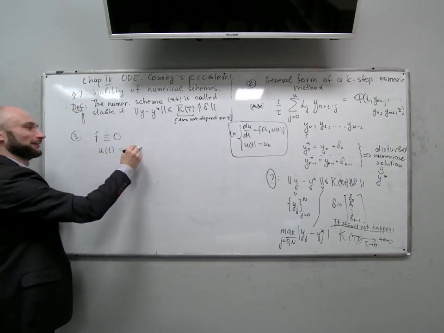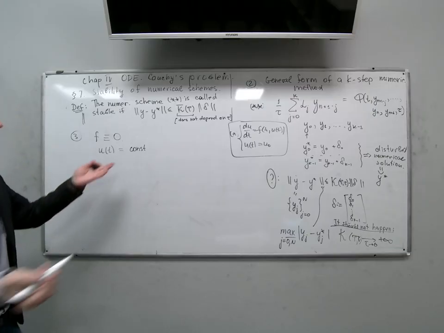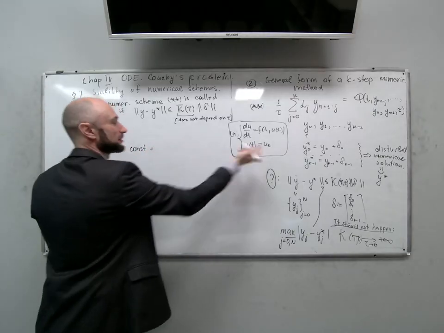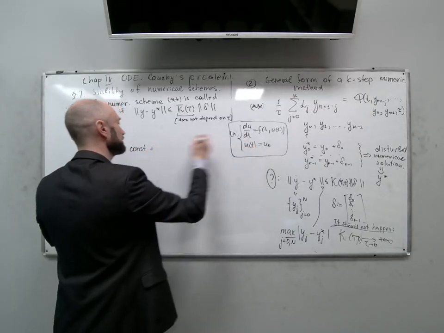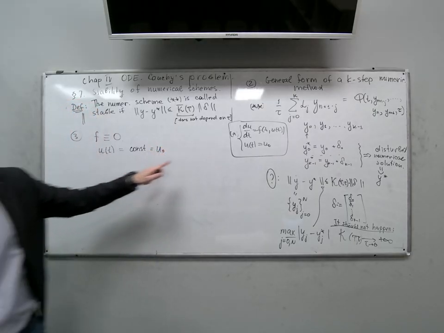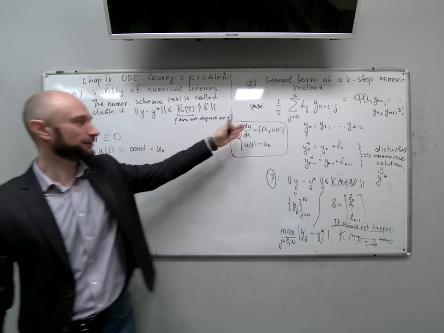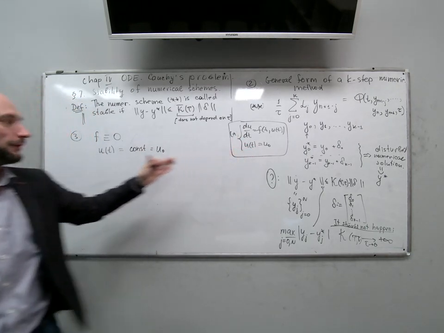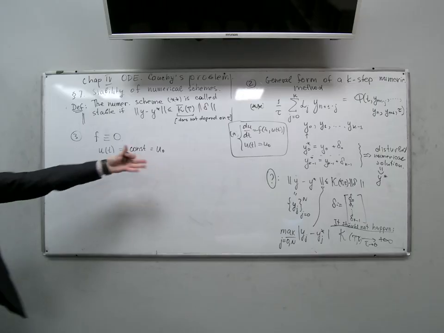It's some constant, which is actually equal to u0, right? Because otherwise this constant cannot satisfy the initial condition. The only way it satisfies it is if it is equal to the initial condition.